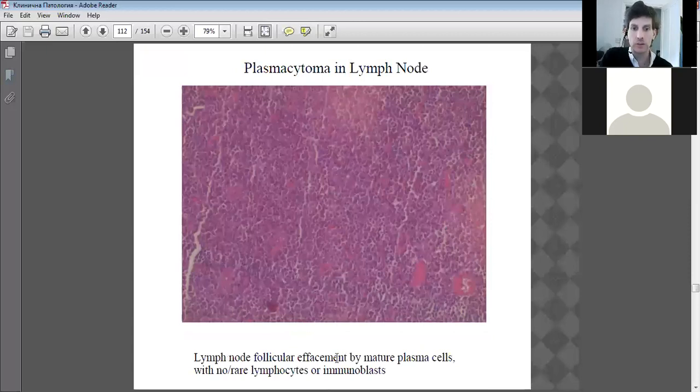The lymph node effacement is fairly evident by mature plasma cells. What that means is that the cells in the lymph node are starting to work a little bit harder than they normally would. And because they're dividing and metabolizing so much, they're creating these channels, more channels. The effacement becomes more evident, if you like.